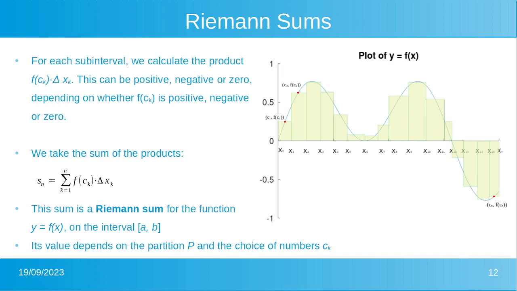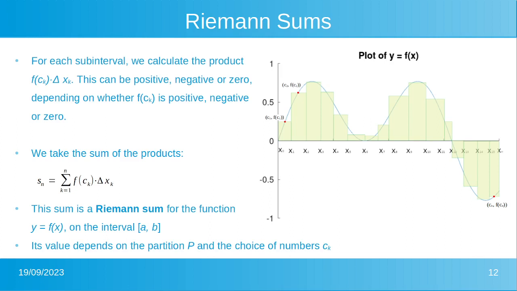So just to reiterate that, for each subinterval we calculate the product f of ck multiplied by delta xk. And this can be positive, negative, or zero, depending on whether f of ck is positive, negative, or zero.